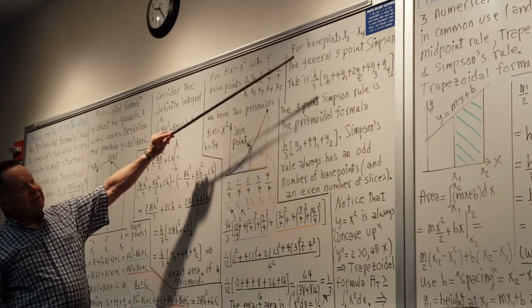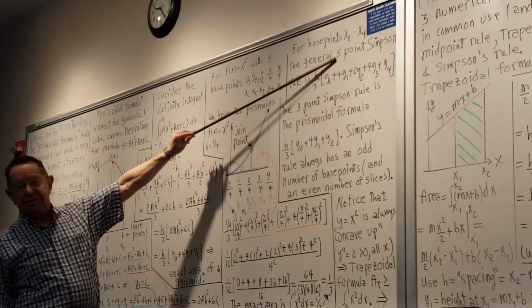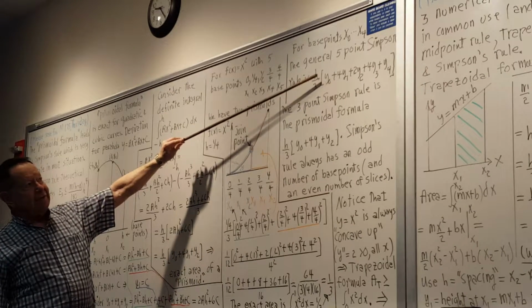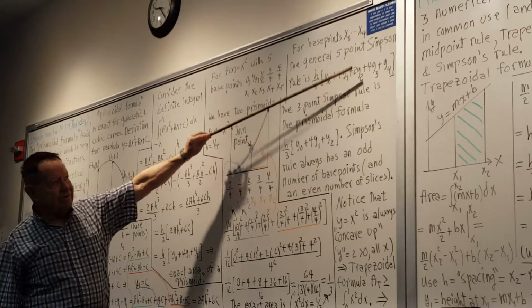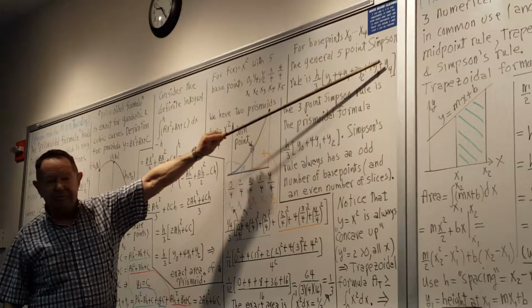So with the Simpson rule, however many base points there are, the weighting factors are 1, 4, 2, 4, alternating that way, and ending up with a weighting factor of 1.